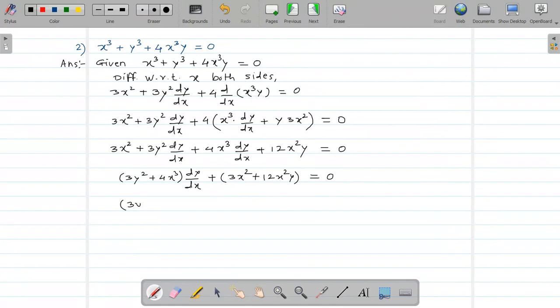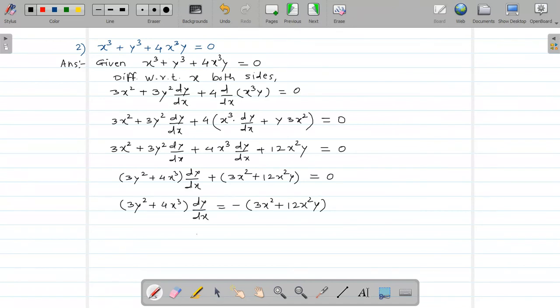Now next step, see here 3y square plus 4x cube into dy by dx is equal to, take this term to the right hand side, so we get minus of 3x square plus 12x square y.